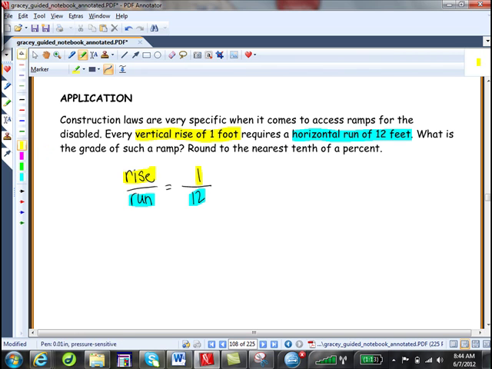Right. So you've got a ramp that's going to look something like this: this would be 1 foot, and this would be 12 feet.